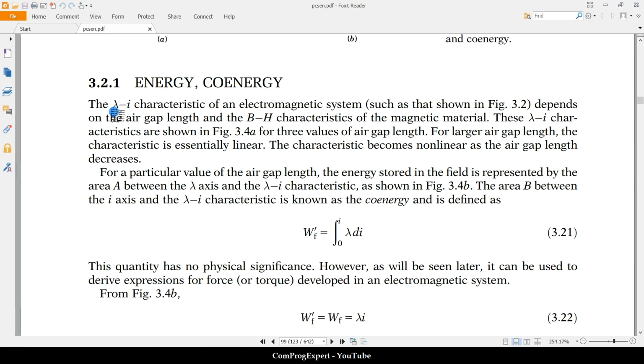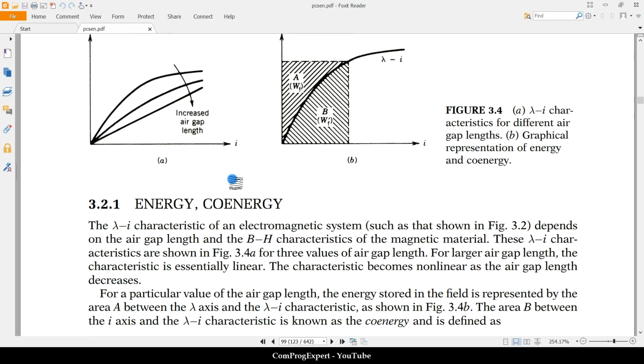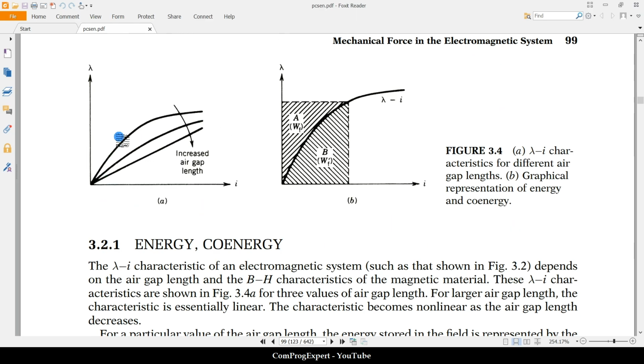So the lambda-I characteristic of an electromagnetic system depends on the air gap length, and the BH characteristic of the magnetic material determines the HB curve.